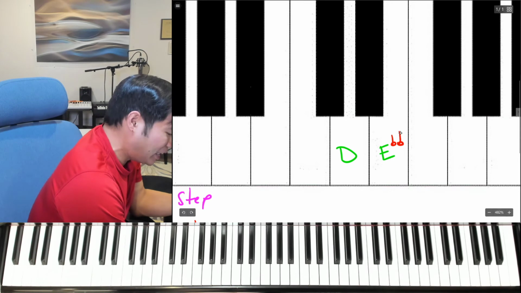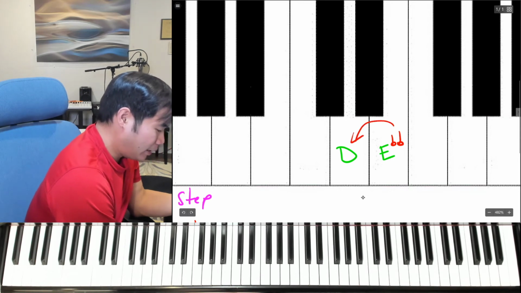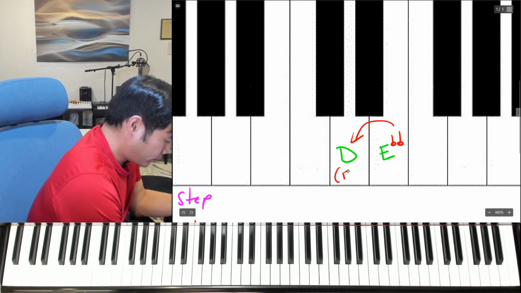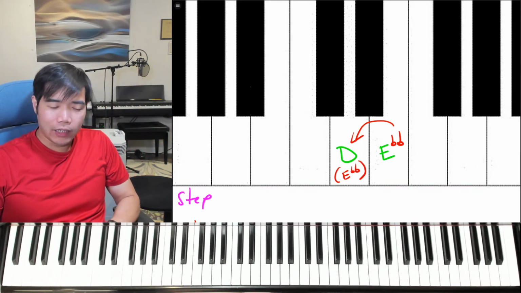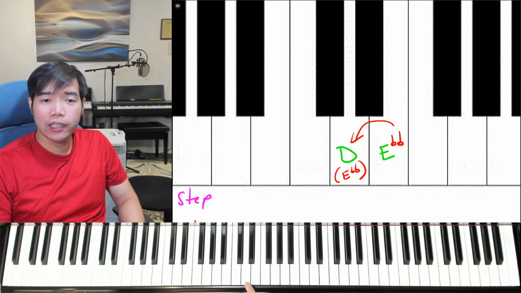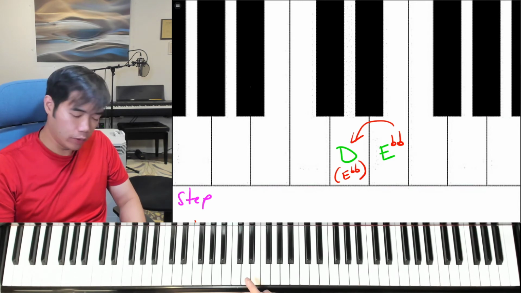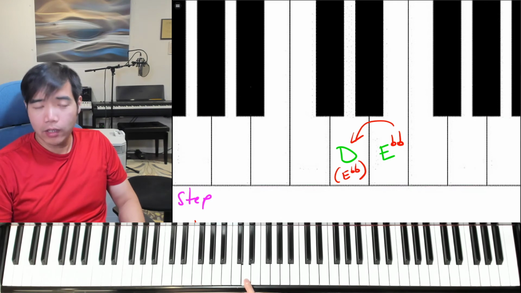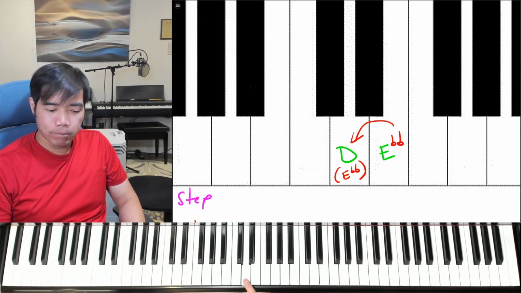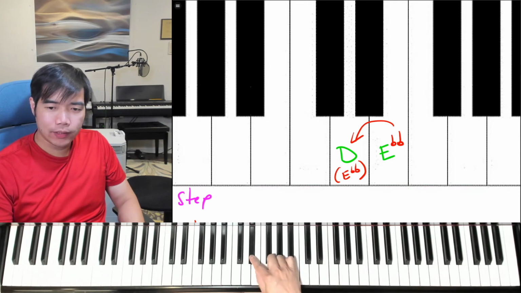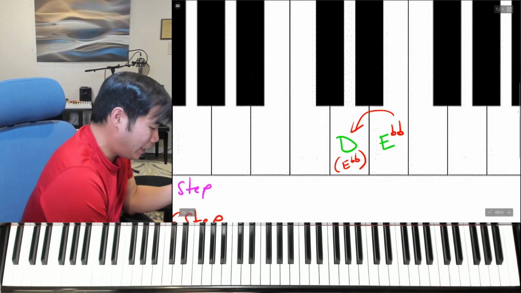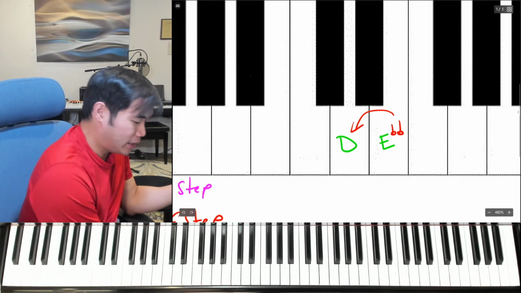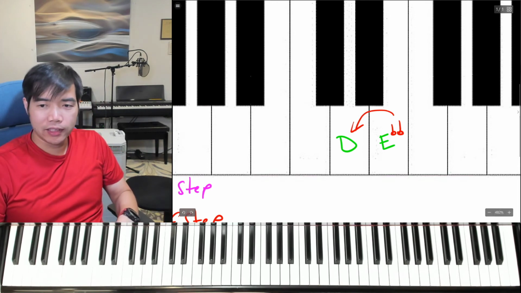Now, interestingly, E double flat is enharmonic to the note D. What does that mean? Enharmonic means that they are spelled differently, but they sound the same. Okay, so here's the note D. This also could be spelled E double flat, because here's E, down a half step, down another half step. So D to E double flat is a diminished second. This is a diminished second.